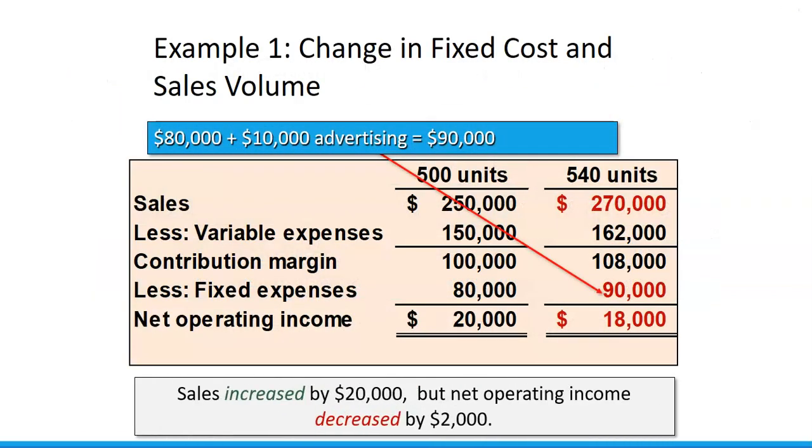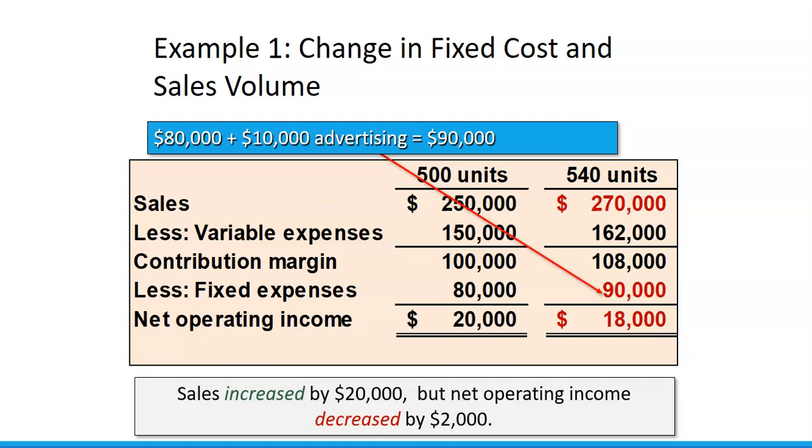We're going to look at a couple examples of when we make changes in certain amounts and how that changes our results. So here our sales are increased by 20,000, but our net operating income decreases by 2,000. What happened is we increased our advertising by $10,000.